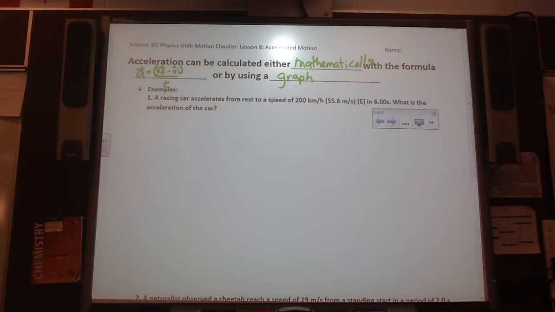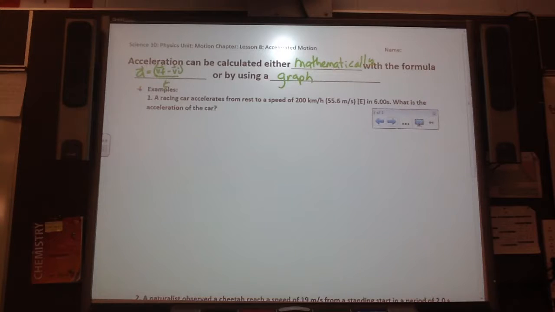But if I have a VT graph, the slope is rise over run, right? So slope is V over T, right? For this graph, A is equal to V over T. So if I find slope, see, look at that.